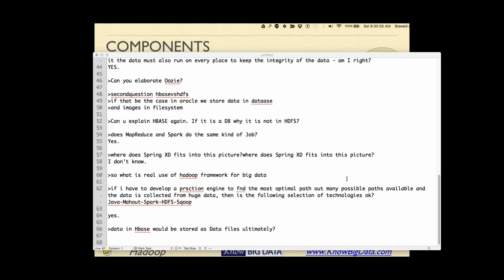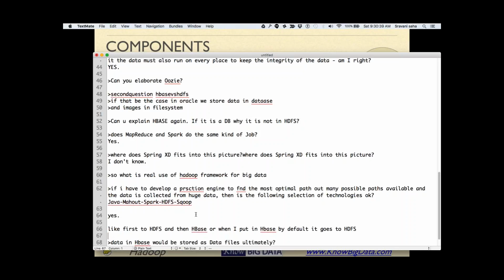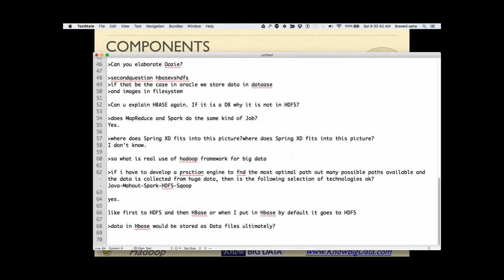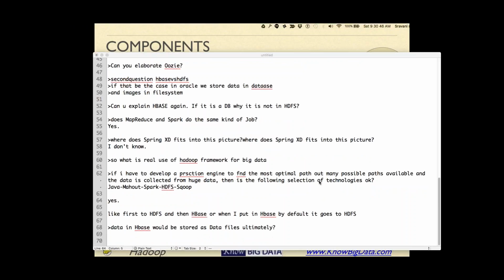Yes, that's right, Mahesh. When you have a problem like this, you'll have to do it in steps, and that is why it's called a batch-oriented process. Mamta is asking, is Oozie a job scheduler? Yes, it has a job scheduler as well. It's called coordinator.